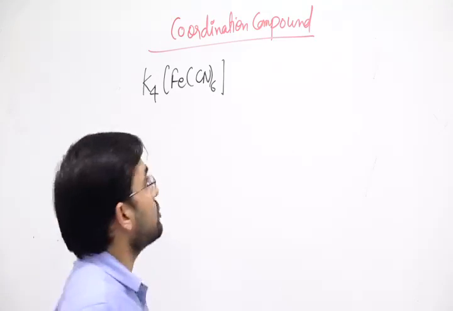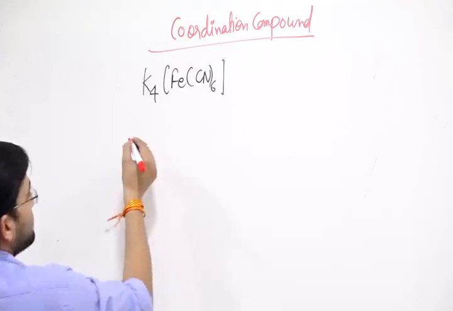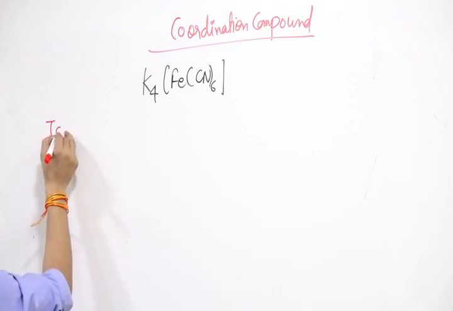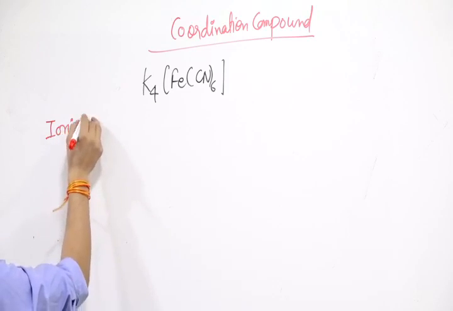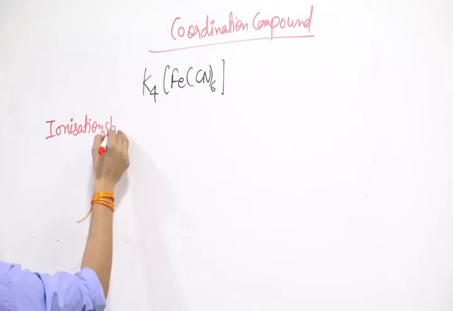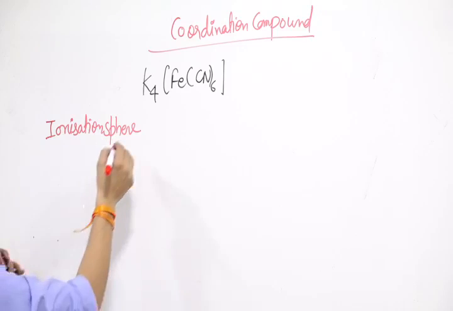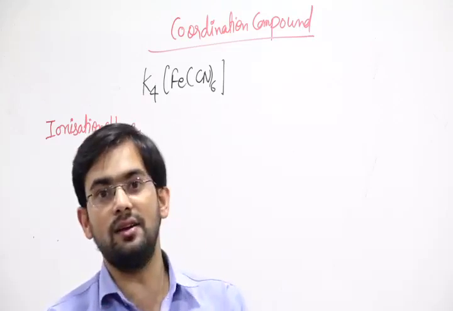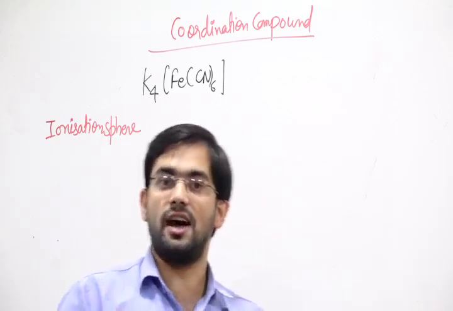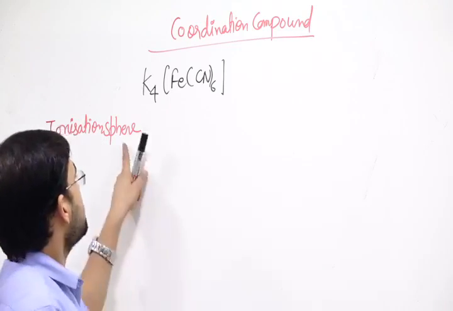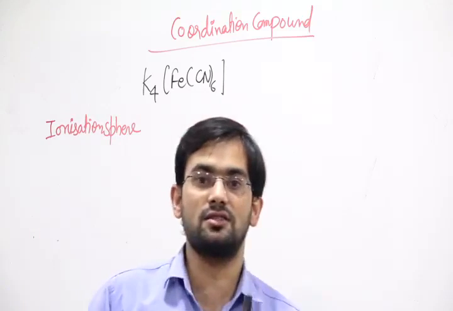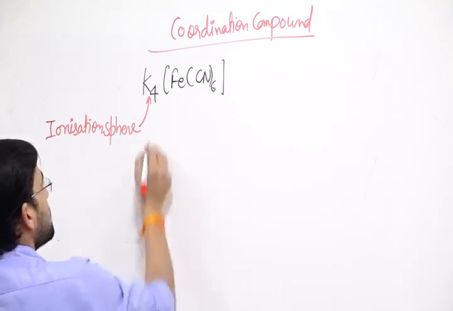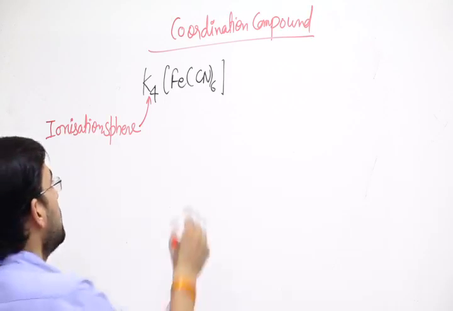The first is the ionization sphere. The ionization sphere is that ion which does not have a transition metal. It means K is the ionization sphere.